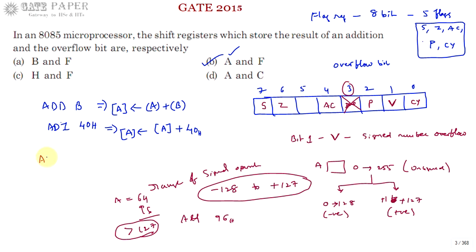Otherwise, if the accumulator contents are 1 and you use SBI 5, subtract immediate 5, then 5 is subtracted from the accumulator contents and you get minus 4. Minus 4 is valid, so it will be stored.